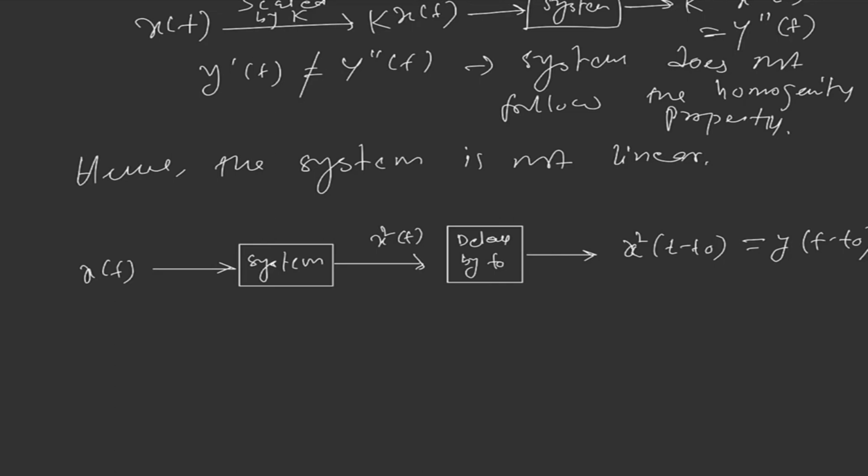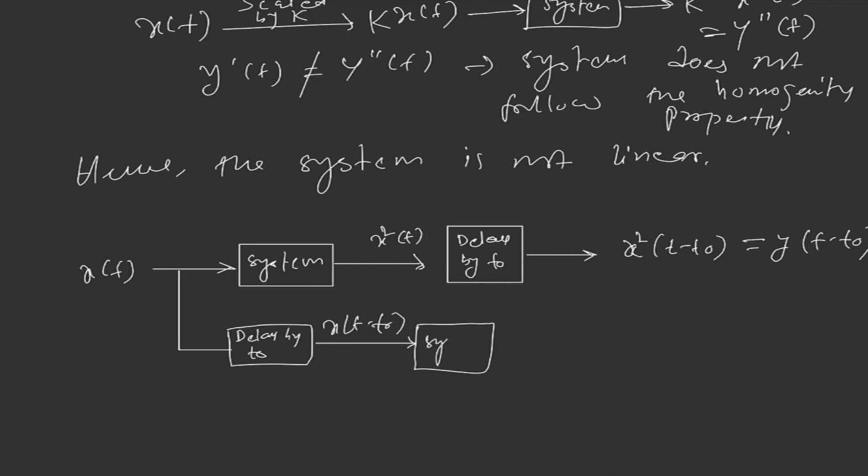Now we'll apply the delay to the system input x(t) first, by t naught, and we apply this delayed input x(t - t0) to the system, and we are getting the output x squared(t - t0), which is some y dash.